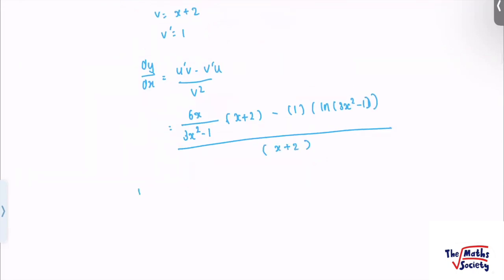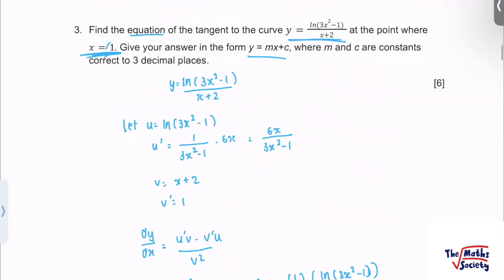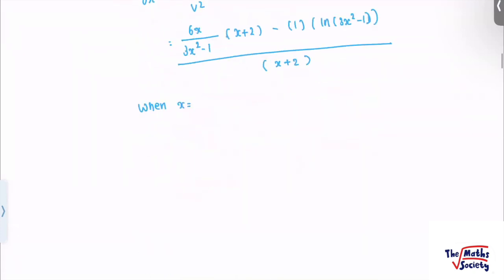And then when x is going to equal, sorry, x is equal to 1, so that's going to be dy by dx equals 6 by 2 multiplied by (3 minus 1), so that's ln 2, divided by 3.